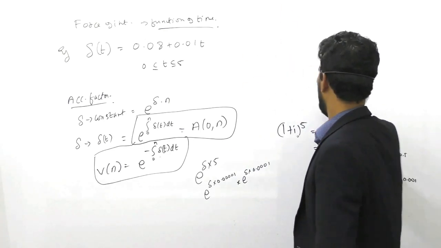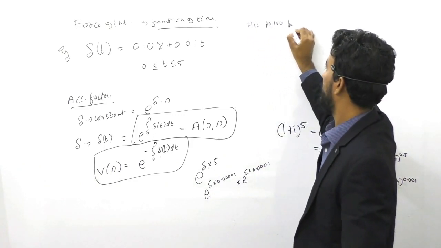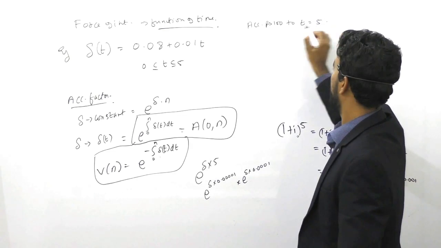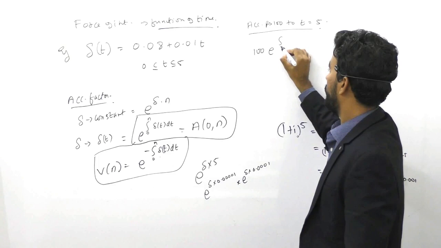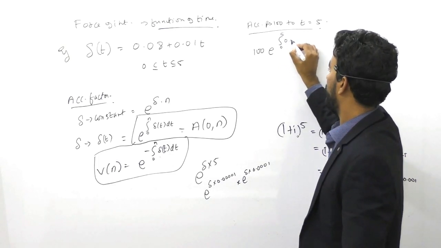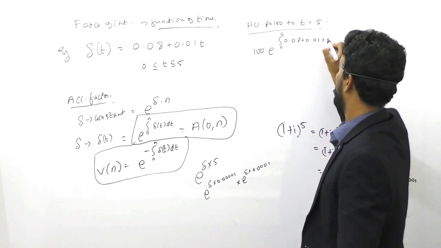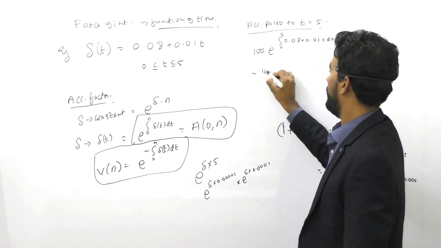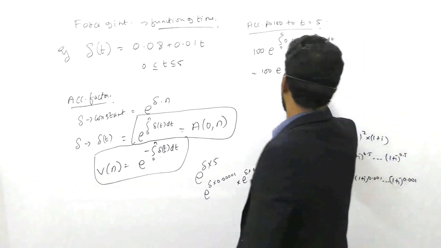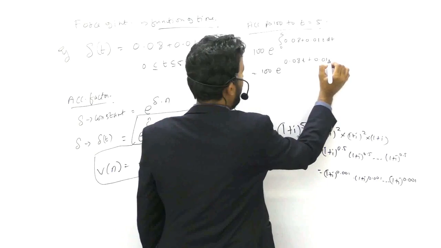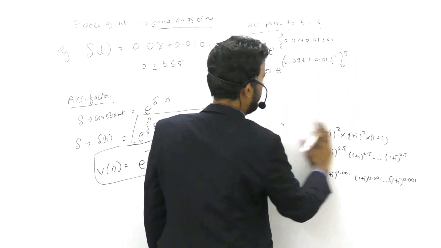So I'll write it here. Let's say you want to accumulate rupees 100 to time 5. So we'll do 100 e raised to the integration from 0 to 5 of 0.08 plus 0.01 t dt, which becomes 100 e raised to 0.08 t plus 0.01 t square by 2 from 0 to 5.